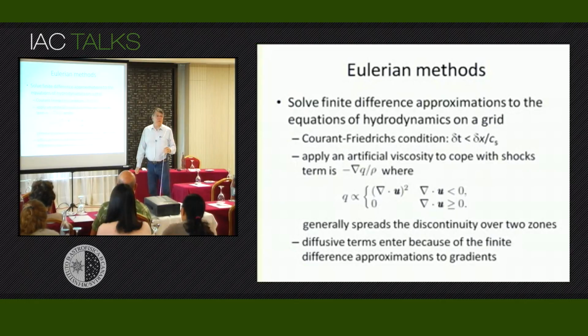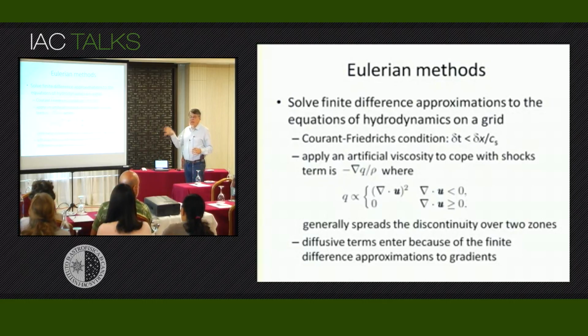This has been done for decades. It was first proposed by von Neumann and Richtmyer many years ago, and is a well understood and well developed way of making the flows work.